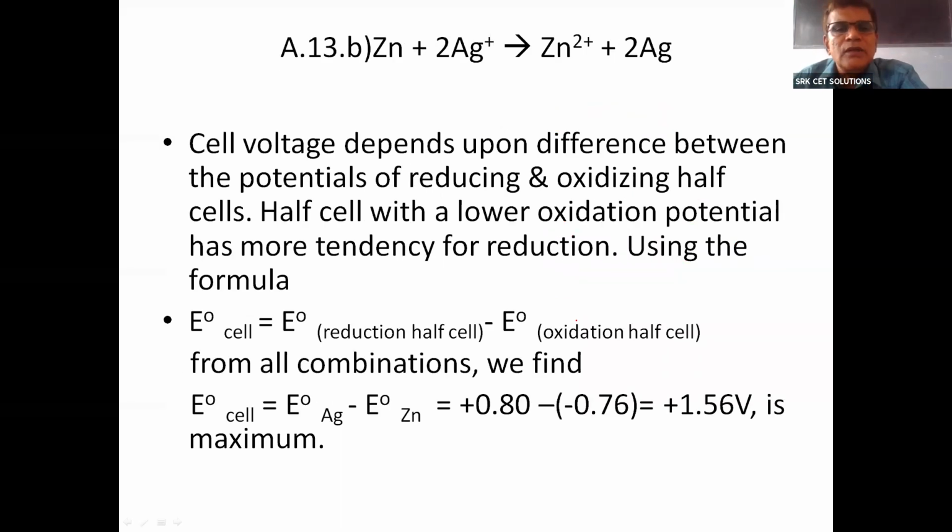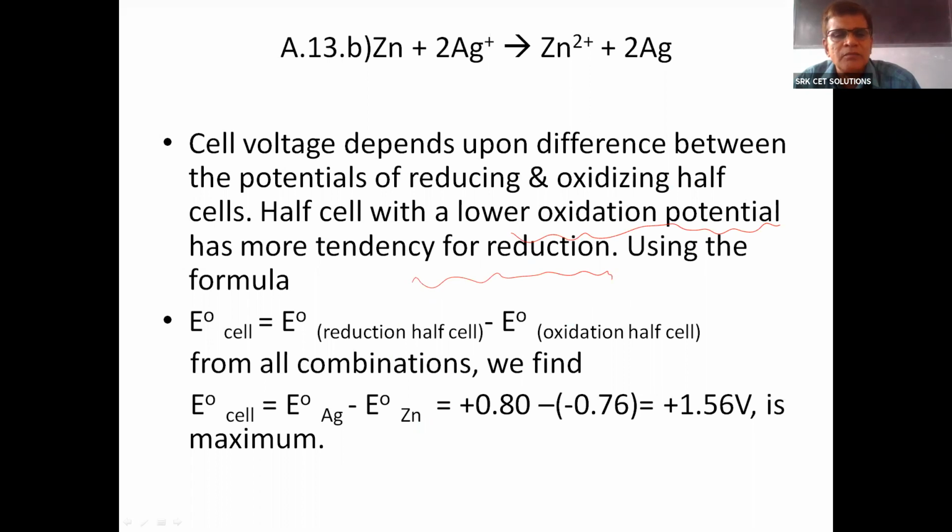So look at this. Cell voltage depends upon the difference between the potentials of reducing and oxidizing half cells. Half cell with a lower oxidation potential, what is given is SOP values, lower oxidation potential has more tendency for reduction. So using the formula, you apply that to all cases, all possible combinations.